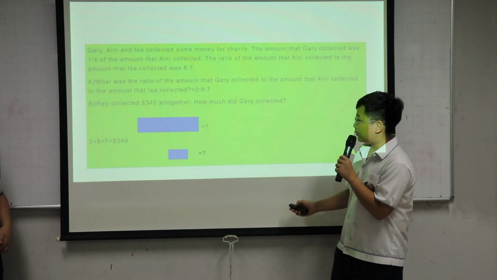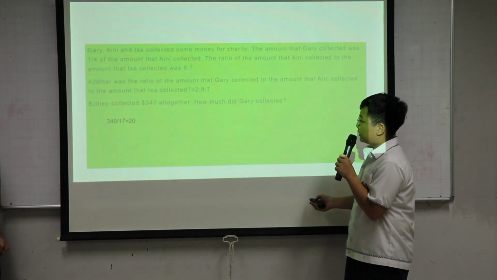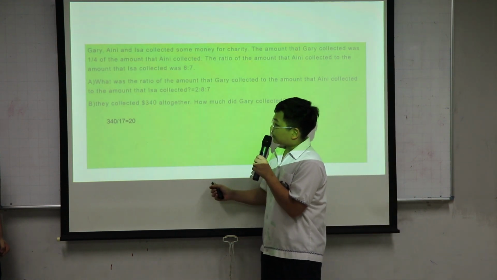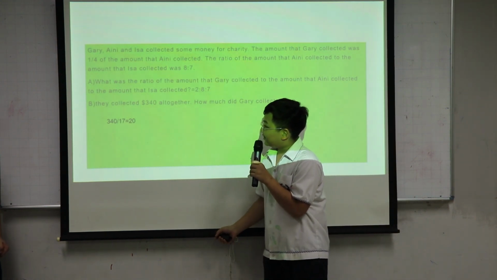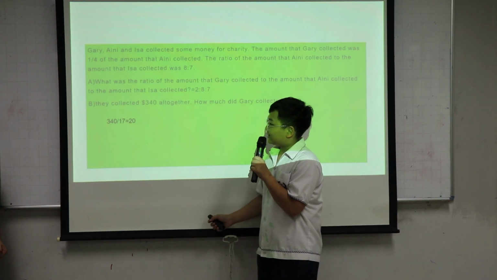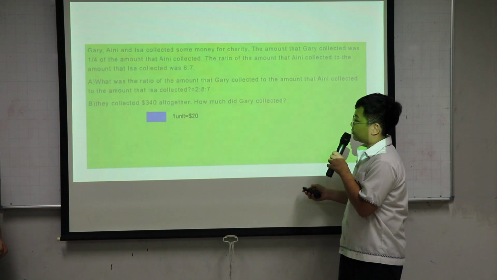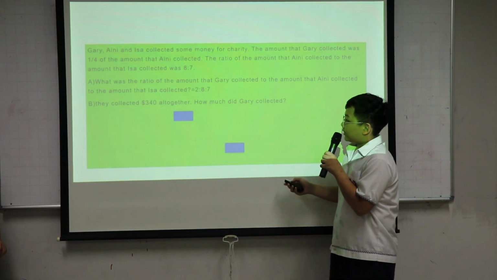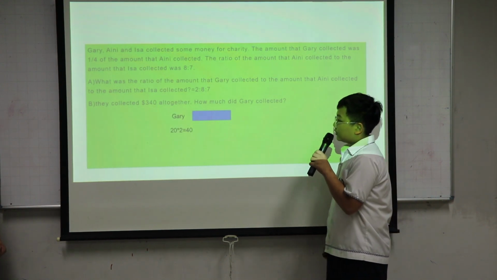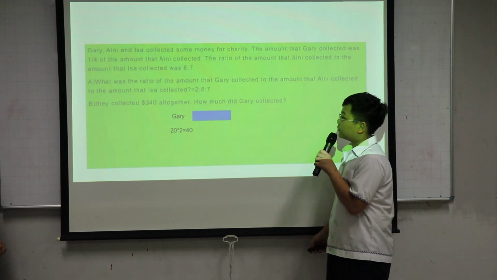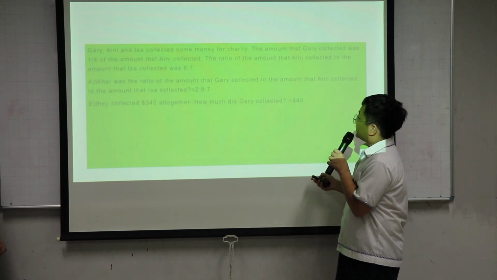So we need to find 1 unit. We need to use $340 divided by 17 equals 20. So 1 unit is equal to $20. And Gary has 2 units. So we use 20 times 2 equals 40. And that's the answer.